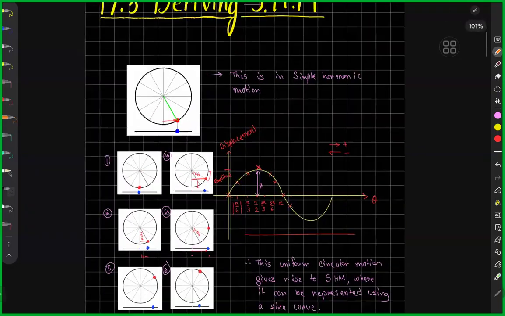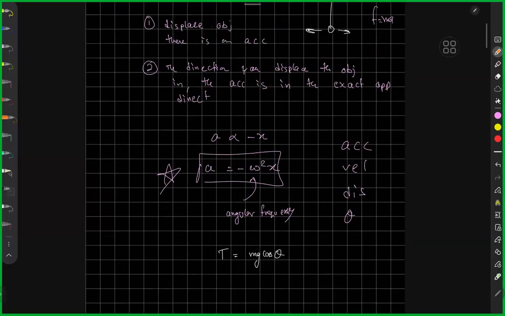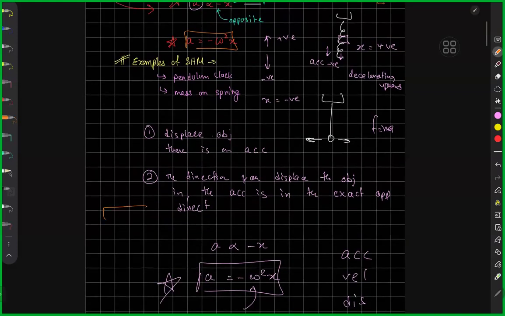Fair enough. So, new topic today. We're going to talk about how we derive this in simple harmonic motion. That is this. Now, my question to you guys is, let's say I have a similar oscillating system, but the acceleration is not negative and proportional to displacement.